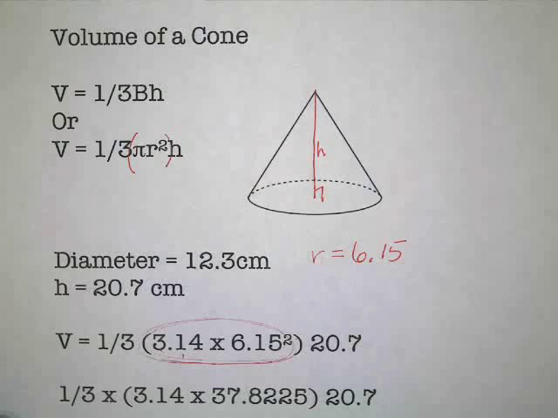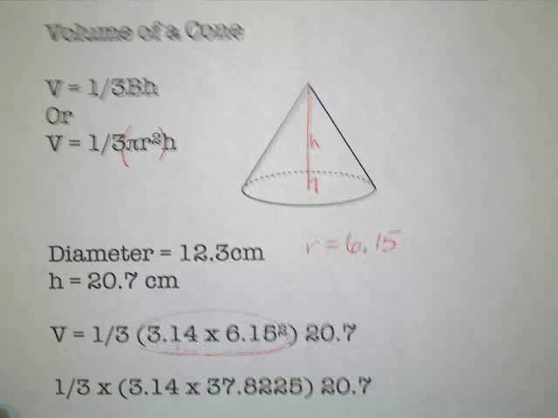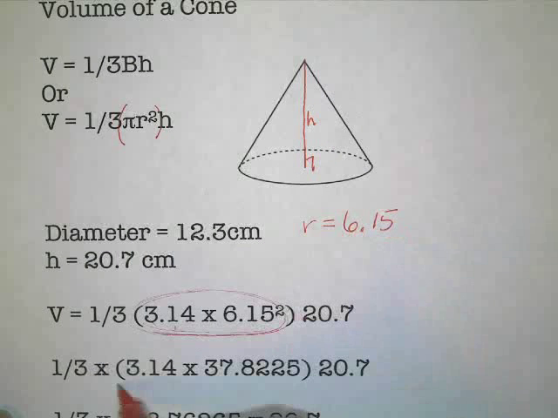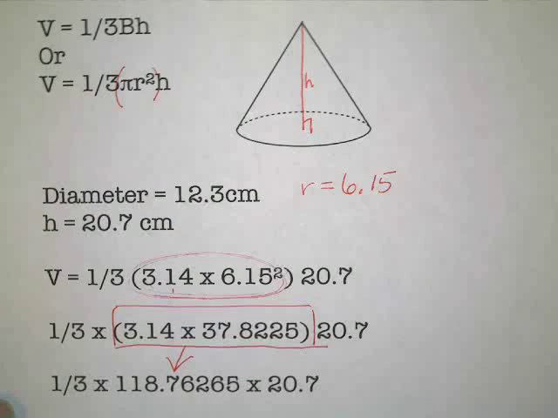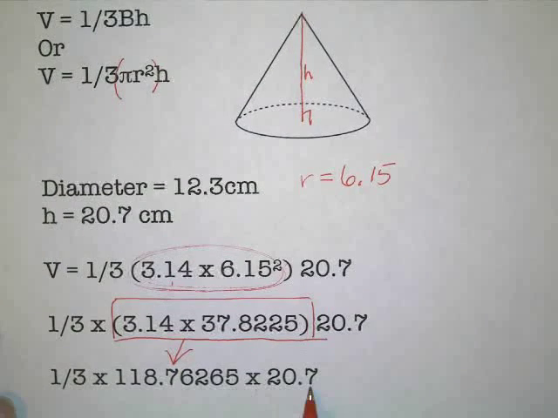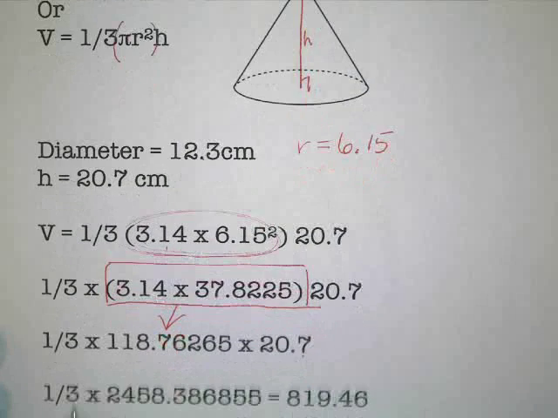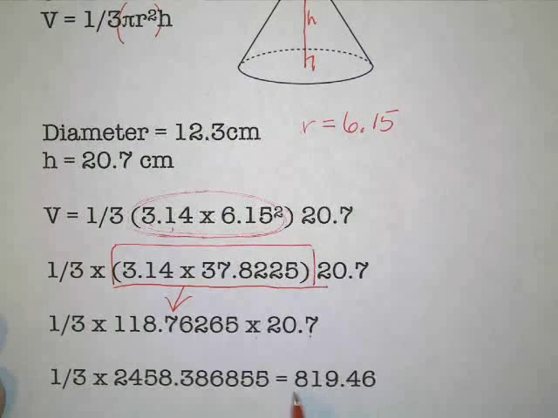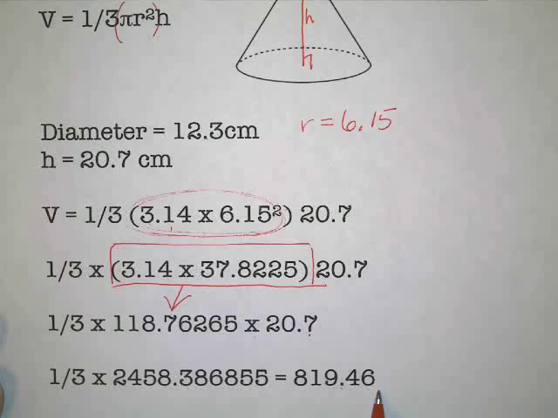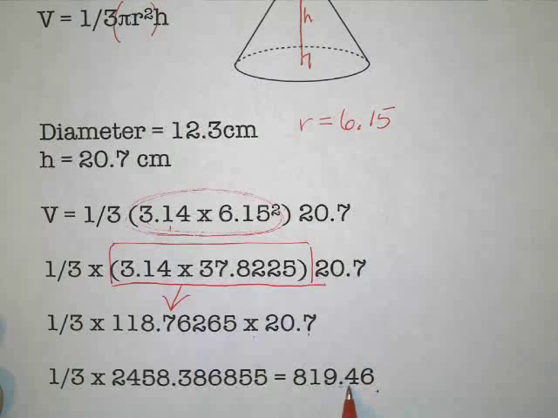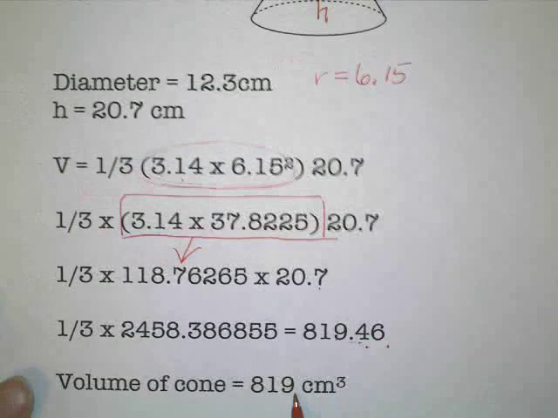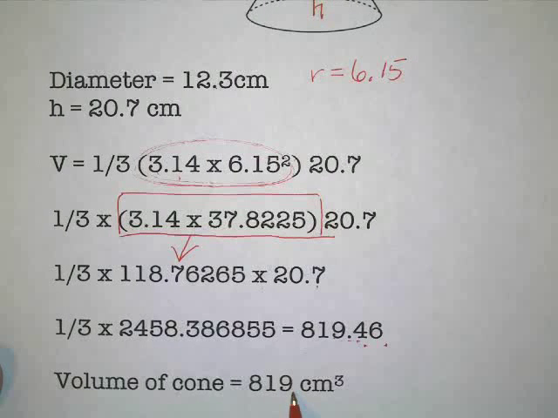Then I take that answer, which is this, goes to here, times 20.7, and times it by a third. And I come up with 819.46. What is it rounded to the nearest unit? 819 centimeters cubed.